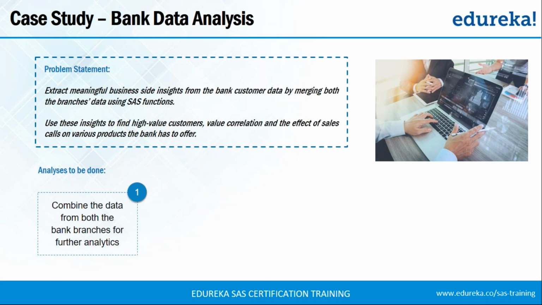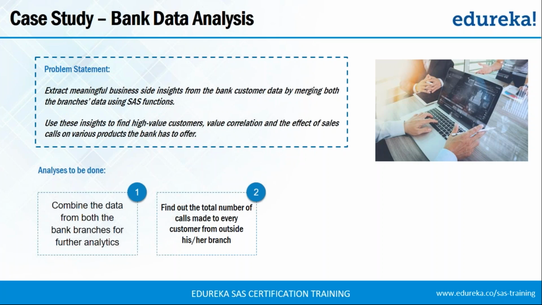The analysis to be done is to combine the data from both the bank branches for further analysis, and find out the total number of calls made to every customer from outside his or her branch. So if a person is residing in the area of North branch and is called from Southeast, or a Southeast customer is called from North, find out the total number of calls made to every customer from outside his or her branch.